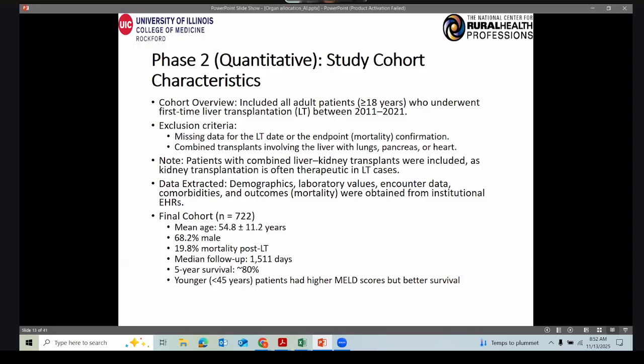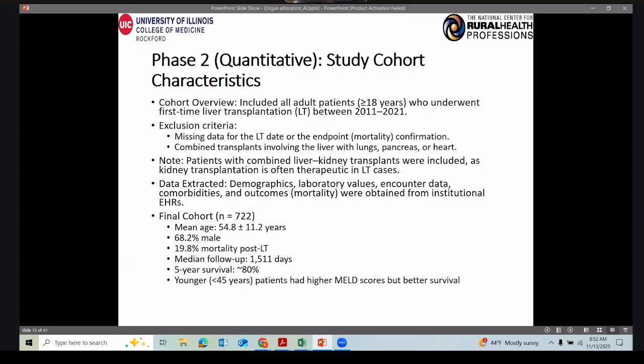Interestingly, we also found that the youngest patients, those under 48 years old, tend to have higher MELD scores, meaning they were clinically sicker at the time of transplantation, but despite that they had better overall survival outcomes compared to older patients.